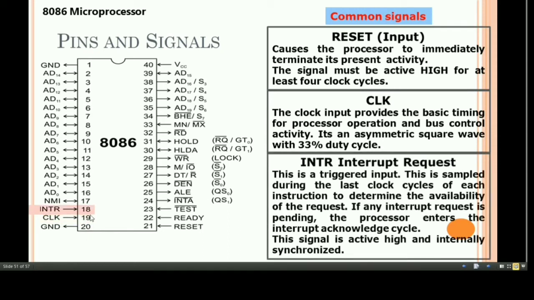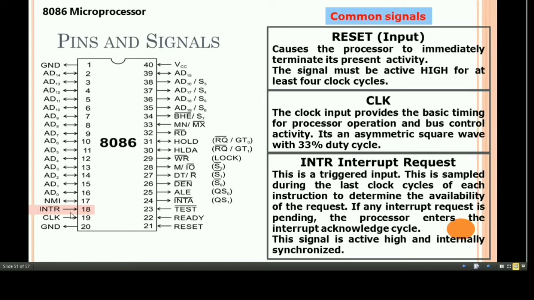Next pin is pin number 18. It is also an input pin and is called INTR, which is nothing but the interrupt request. This is a level triggered input. It is sampled during the last clock cycle of each instruction to determine the availability of a request.